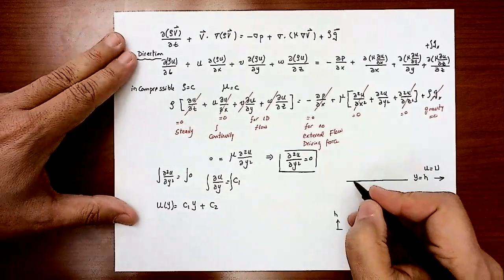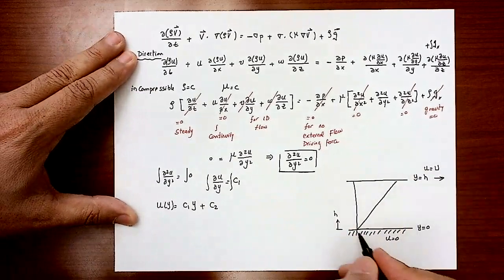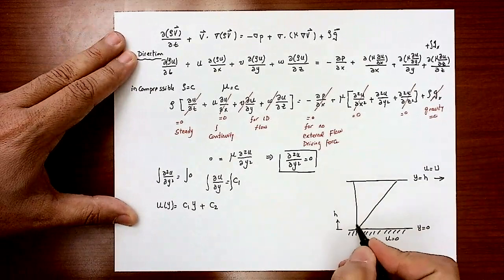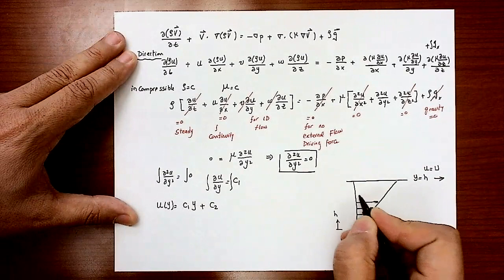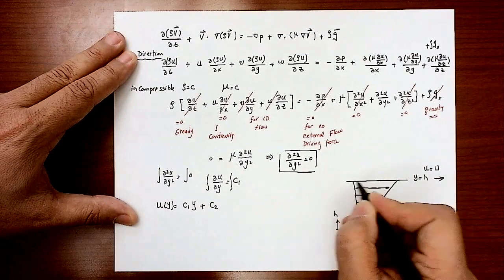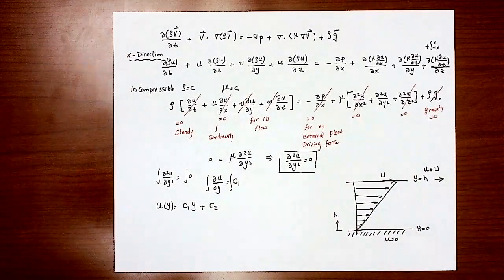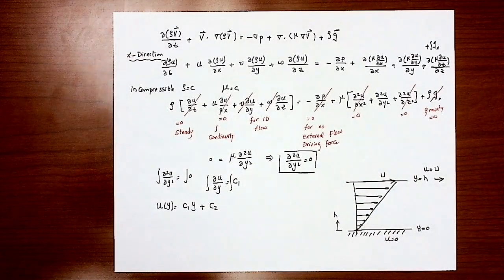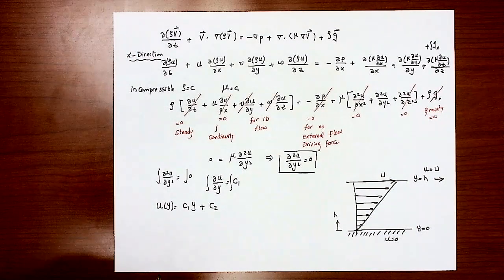So I know that I should end up having a linear velocity distribution starting from 0, and the velocity will increase all the way until it reaches here. That's capital U. So that's how we figure out that usually the velocity distribution in a thin layer between two solid boundaries is linear.